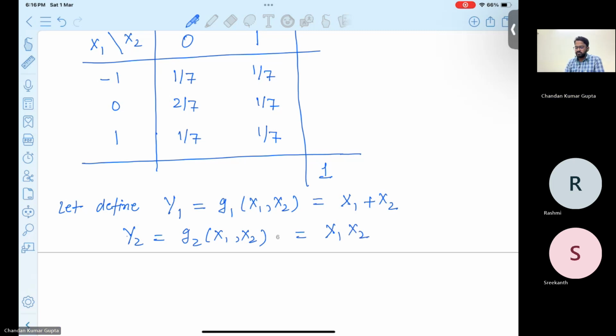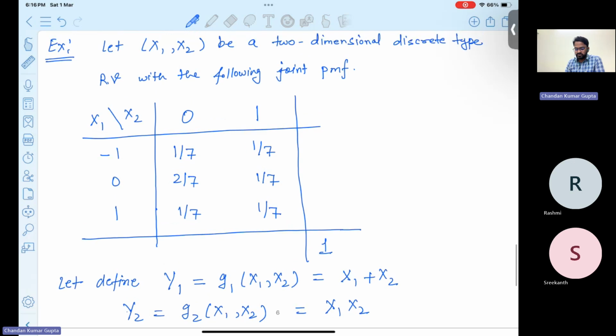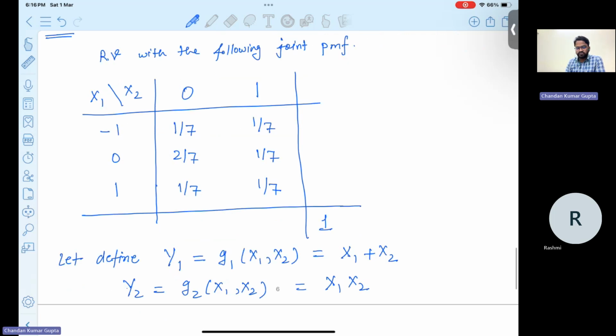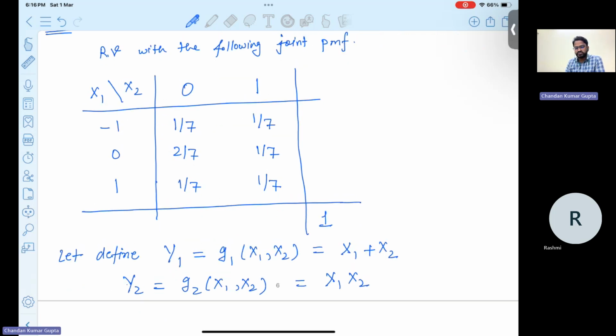So we have a joint PMF of the x1, x2 random variables, and the distribution is given in the table. Now we need to find the joint probability mass function of the y1 and y2 variables. The y1 and y2 variables are associated with x1 and x2 in the following manner.